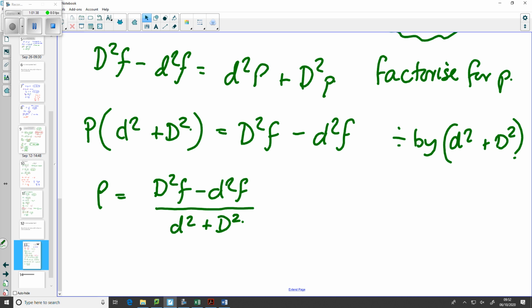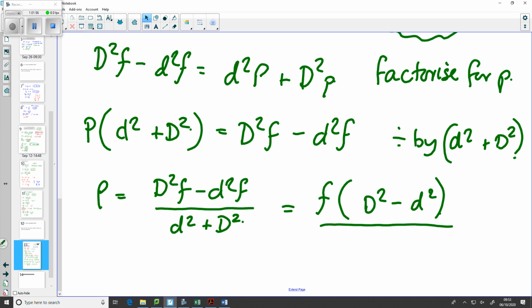And as you rightly say, F is a common term on the top there, so you could, if you wanted to, write F times big D squared minus little d squared over little d squared plus capital D squared.